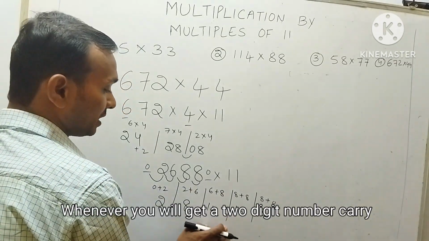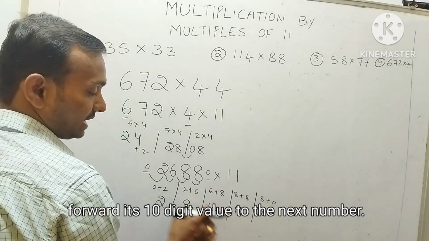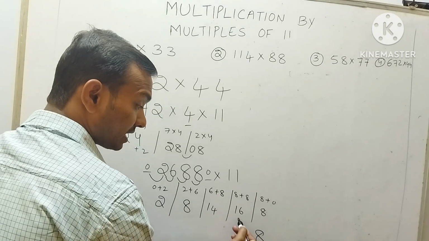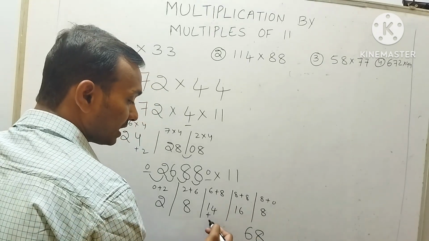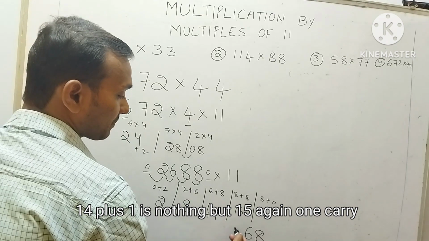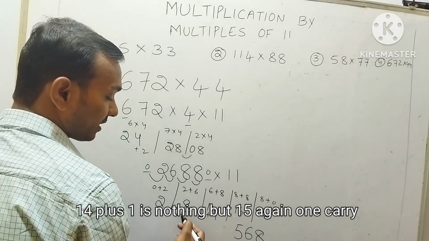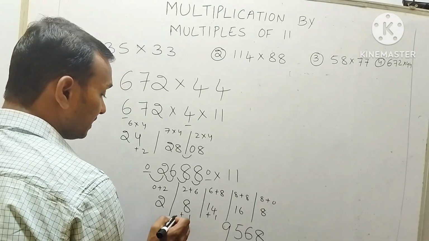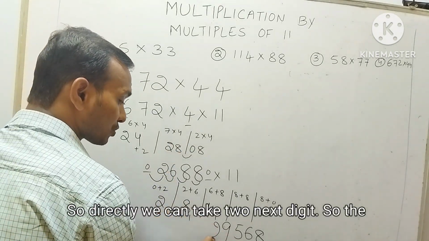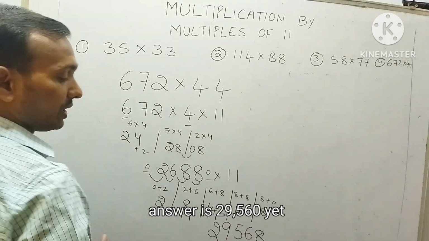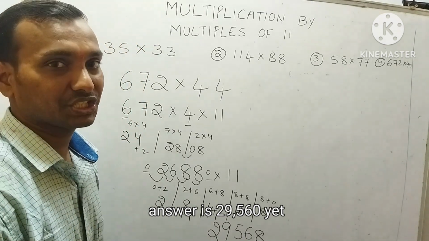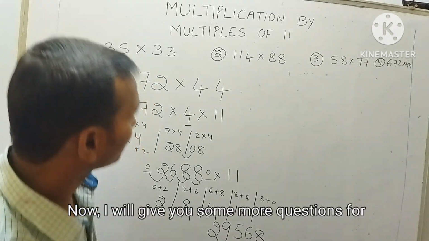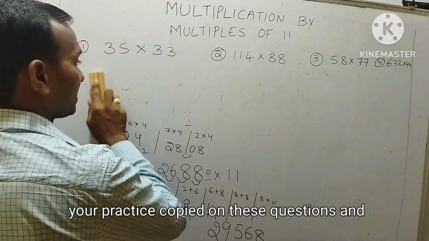Whenever you get a 2-digit number, carry forward its 10's digit value to the next number. So here single digit, directly we can write 8. Here double digit, 6 is here, 1 is here. 14 plus 1 is nothing but 15. Again 1 carry forward. 8 plus 1 is nothing but 9. Here only single digit. So directly we can take 2. So the answer is 29,568.